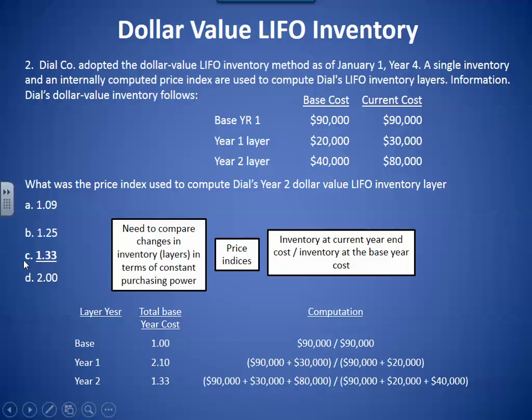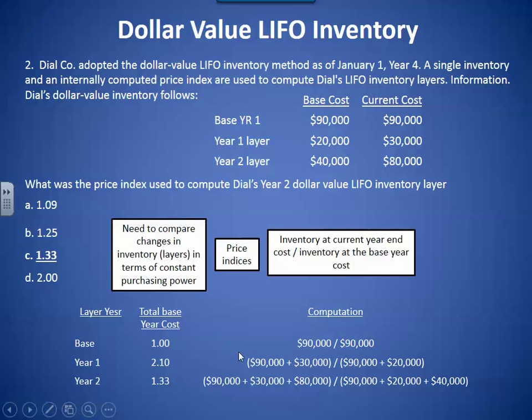1.33. If we go through the calculations, we start out with our base year, which is going to be 1, because the base year is the 90,000 divided by the current cost, which of course is 1. If we go to year 1, we're going to chain these together.